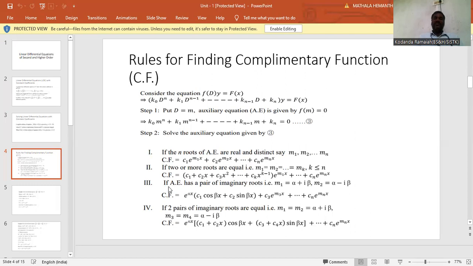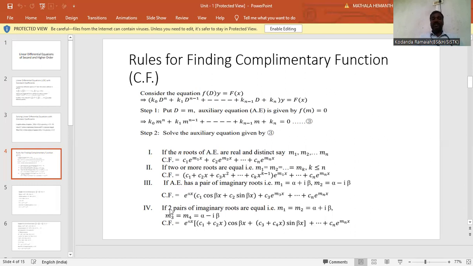And the next rule is, if the auxiliary equation has a pair of imaginary roots, that is m equals alpha plus or minus i beta, the complementary function is e power alpha x into c1 cos beta x plus c2 sin beta x.